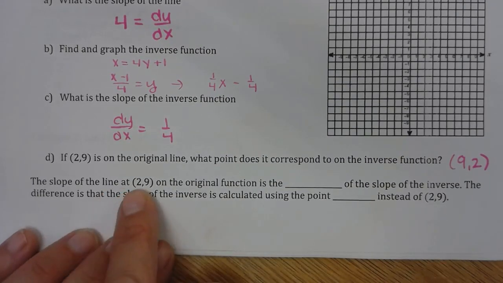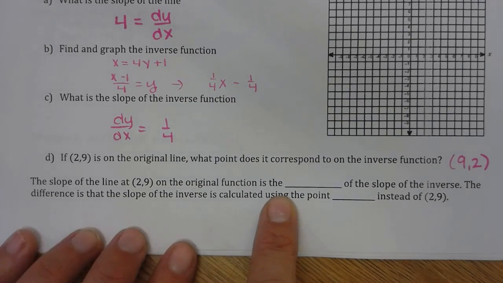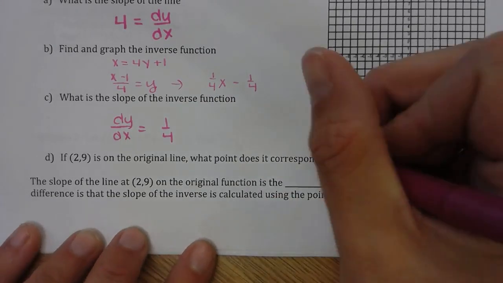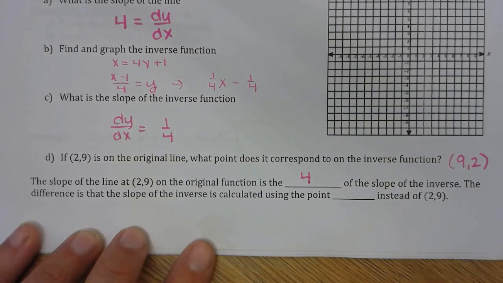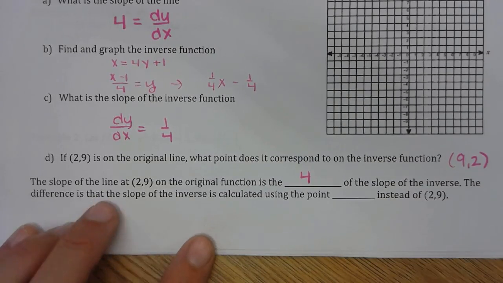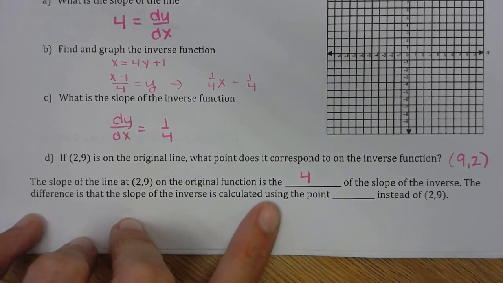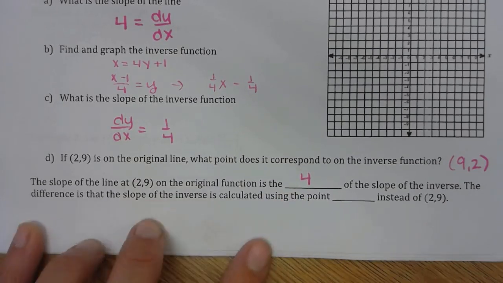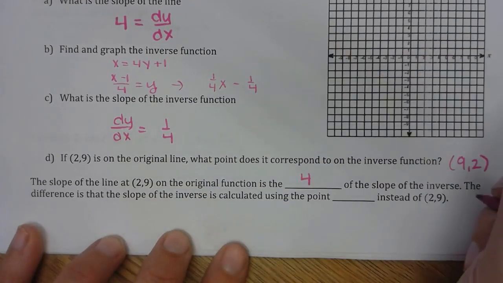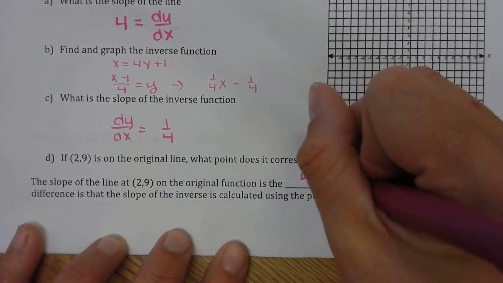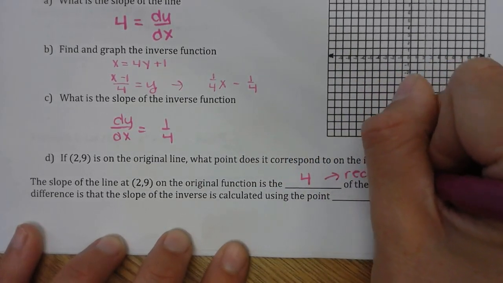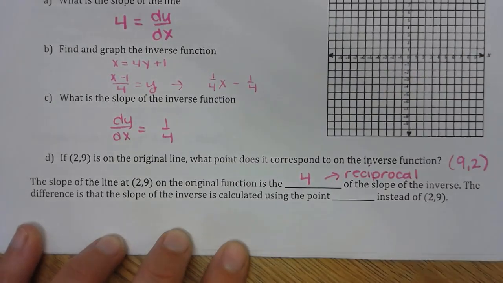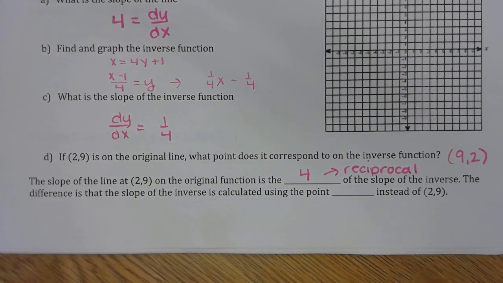The slope of the line on the original is equal to 4. And then if it's on its inverse, it is the reciprocal of the slope of the original.